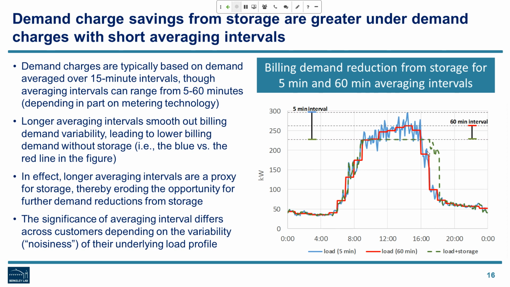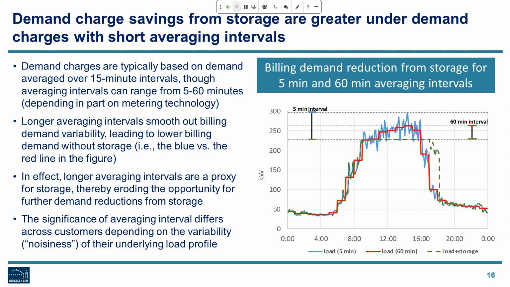What happens when you have a longer averaging interval is that the billing demand variability is smoothed out. So storage has less of an opportunity to cut those short peaks. In effect, longer averaging intervals are a proxy for storage, and this erodes the opportunity for further demand reductions from storage.